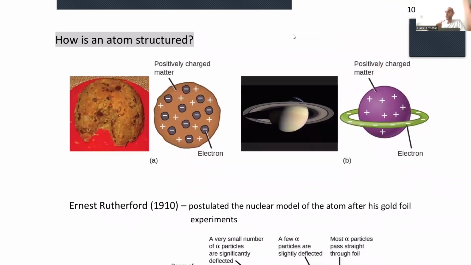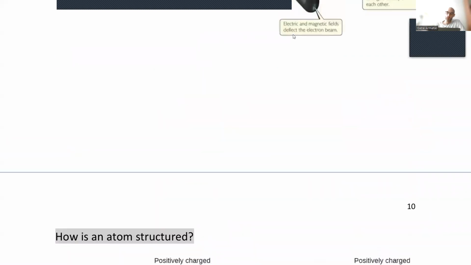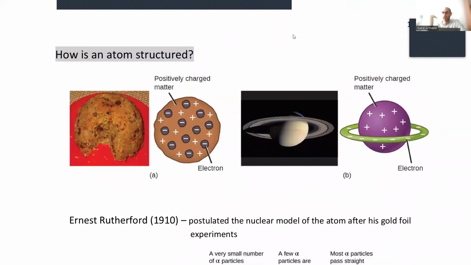And there's a couple other experiments. I really want to get to one that's really important, but what they discovered is we have electrons, we have protons, we have neutrons, so we have a bunch of matter, positive and negative. And so the question becomes, how is an atom structured?